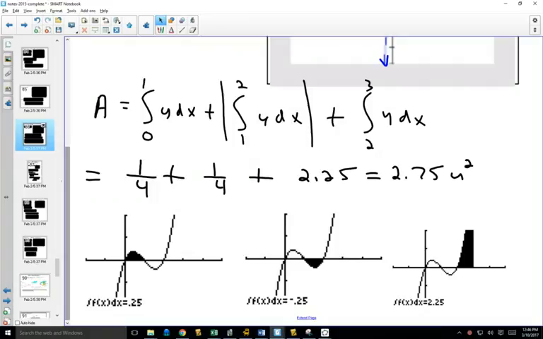Again, if you were allowed a calculator on this one, which you might be because there is an x to the 4, which just isn't that nice to calculate with, then it is sure nice if you could find each of those areas quick with your calculator rather than having to do all that mental math and getting your answer. So yes, it did happen to be perfectly the same. They're both a quarter above and below. And when you add them all together, they'll all be positive, so you get 2.75 units squared.